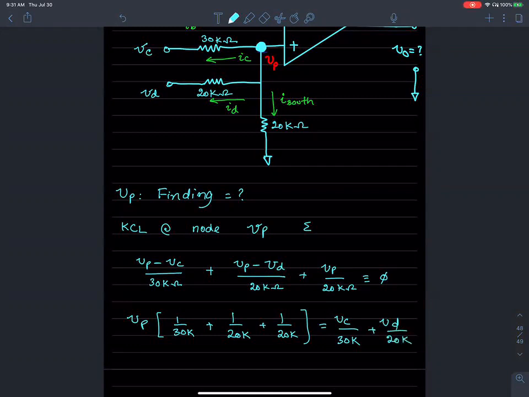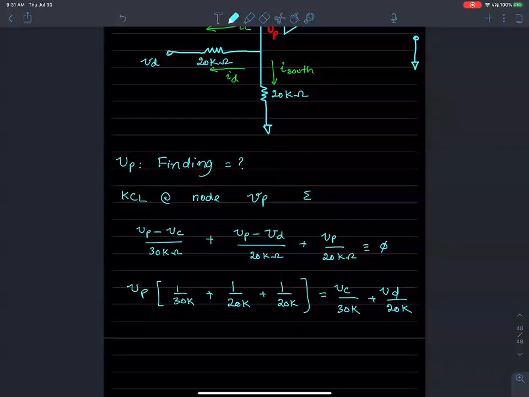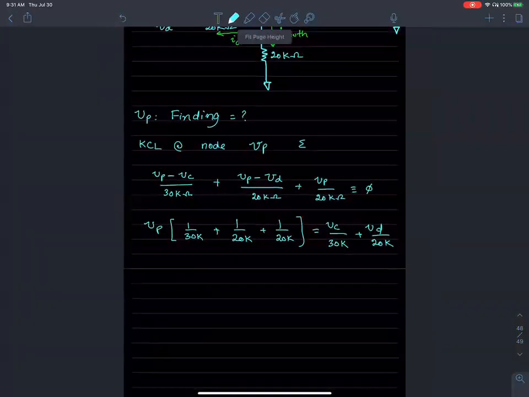It's a matter of rearranging the equation. Once you do that, you should see that Vp becomes 1 over 4 times Vc plus 3 over 8 times Vd.